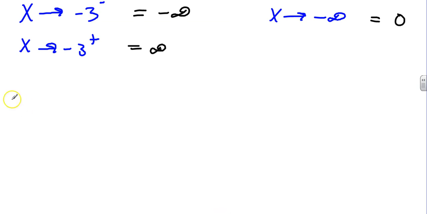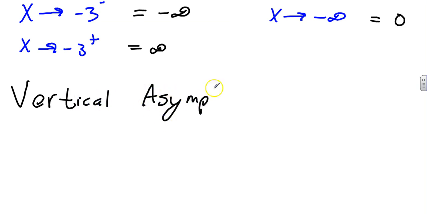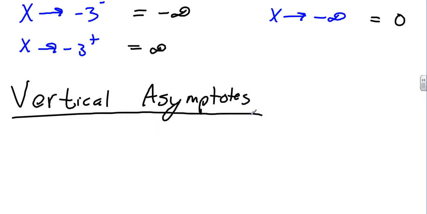Okay, so here's what we've got to do. Got to tell you what a vertical asymptote is and exactly how to find it. Well, we already told you. Just didn't say it here. So vertical asymptotes. This is where your denominator is going to equal 0.